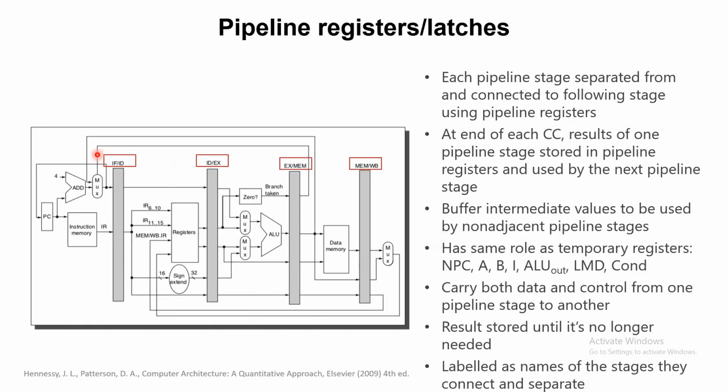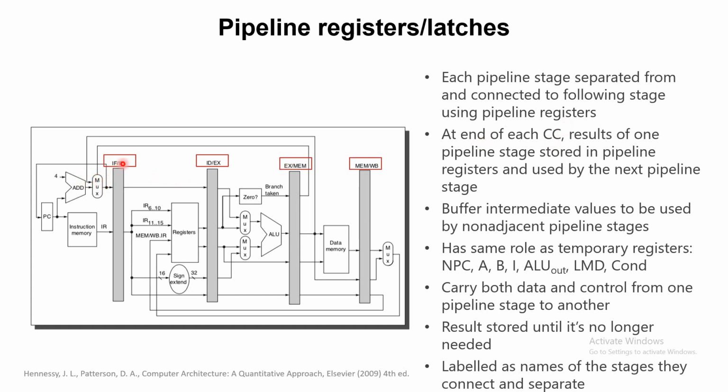Okay, as we can see, each stage of the pipeline structure is performing a different operation in the same clock cycle for different instructions. So each pipeline stage will have to be separated from and connected to the following stage using a pipeline register.